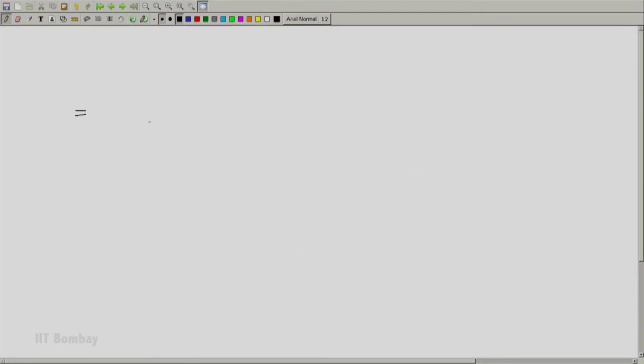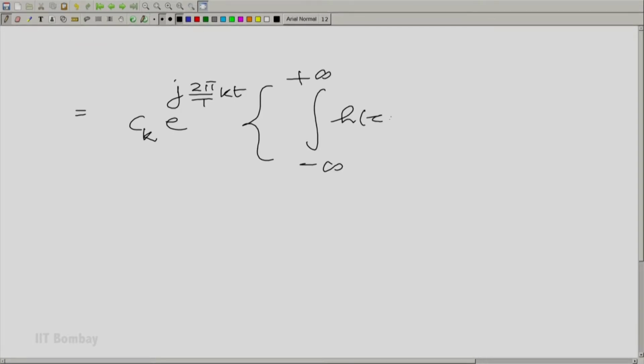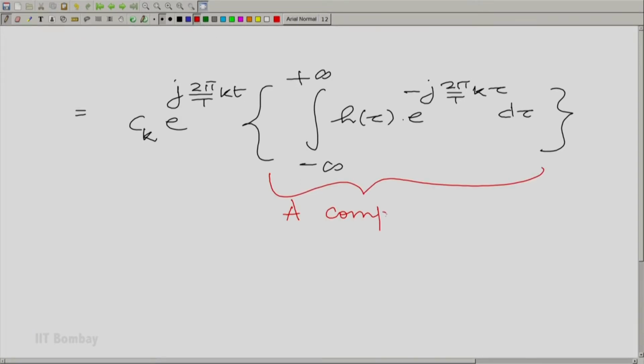So, this would become c_k e^(j2π/T · kt) multiplied by a quantity. Essentially, this is a complex constant depending on k. So, it is very interesting. When you give any one of these components to that linear shift invariant system, what comes out is the very same component multiplied by a complex constant.